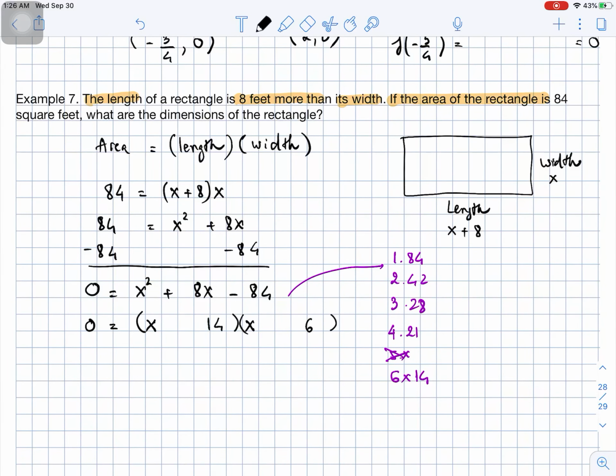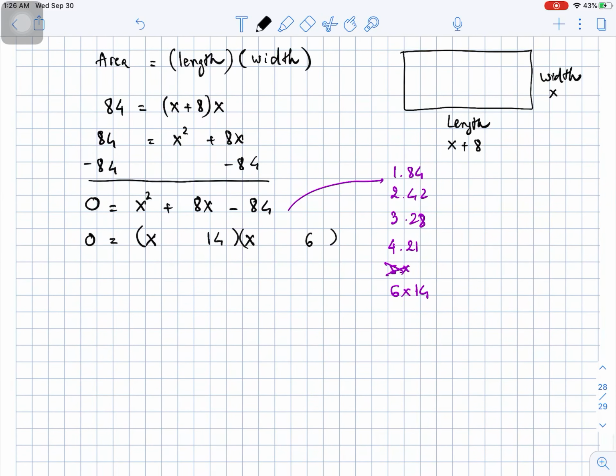The 6 and the 14, the difference between them is 8. So I'm going to choose 14 and 6 because I'm looking for the difference of 8. It will be plus 14 and minus 6.